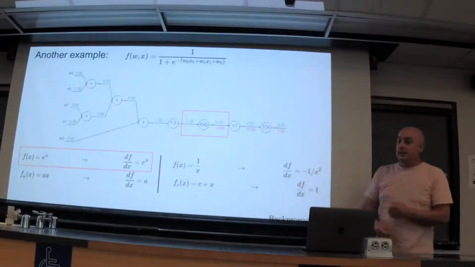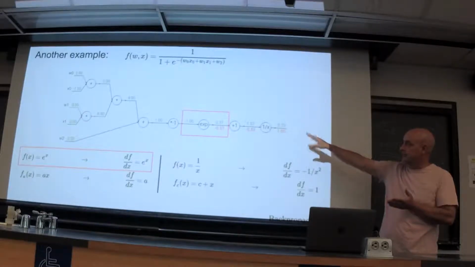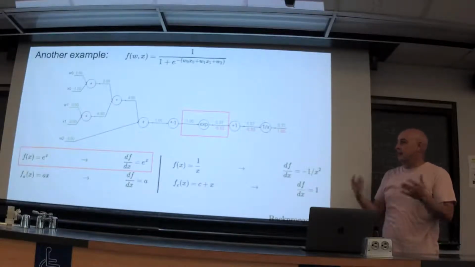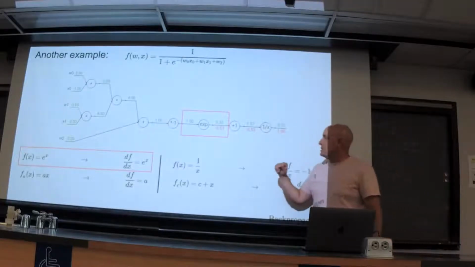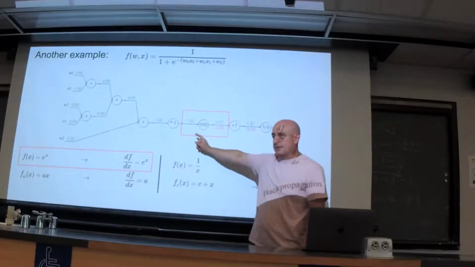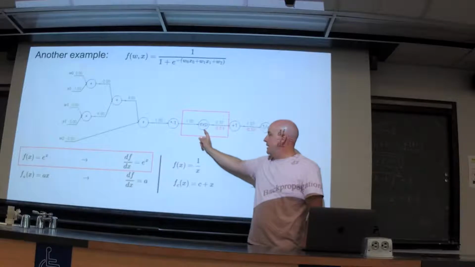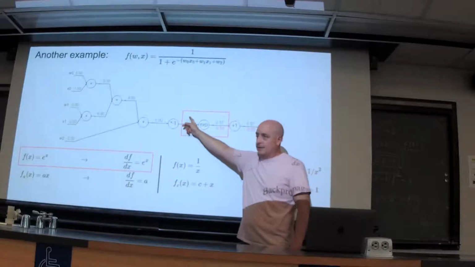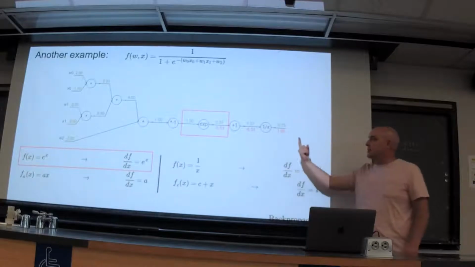Next, we have an exponentiation operation, e to the x. One of the nice things about e to the x is that its derivative is itself, right? So simple, at least to remember and write down. So what's this going to look like? We have a local derivative of e to the x, and the value of x in this case is minus 1. That's the input. So we're going to have e to the minus 1.